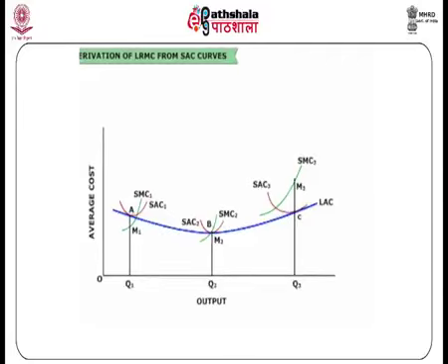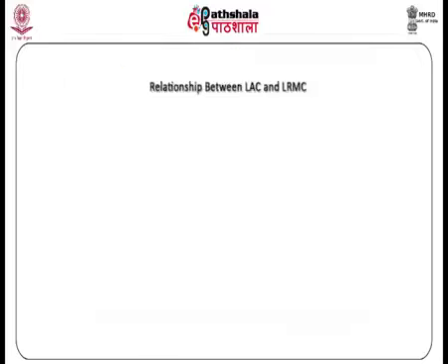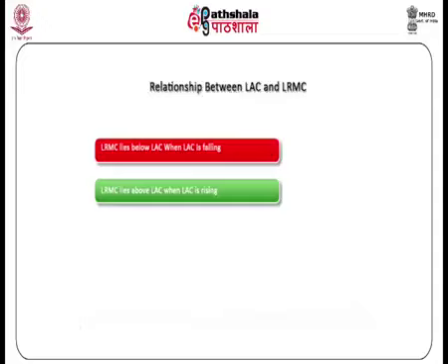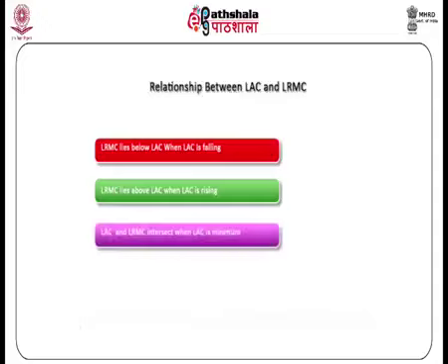By joining the points M1, M2, and M3, we get the LRMC curve. The relationship between LAC and LRMC is the same as it exists between the short-run average cost SAC and the SMC. LRMC lies below the LAC when LAC is falling and above it when LAC is rising. Thus, LAC and LRMC intersect when LAC is the minimum.